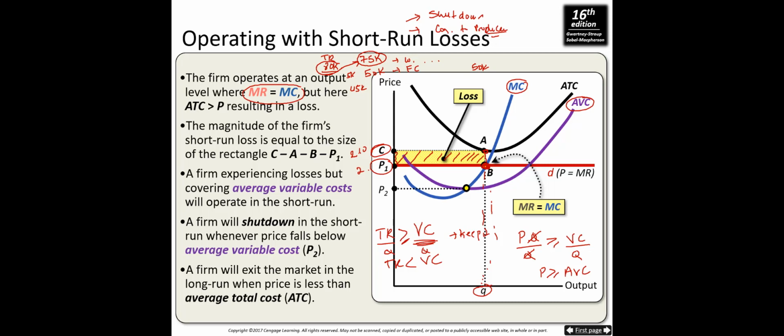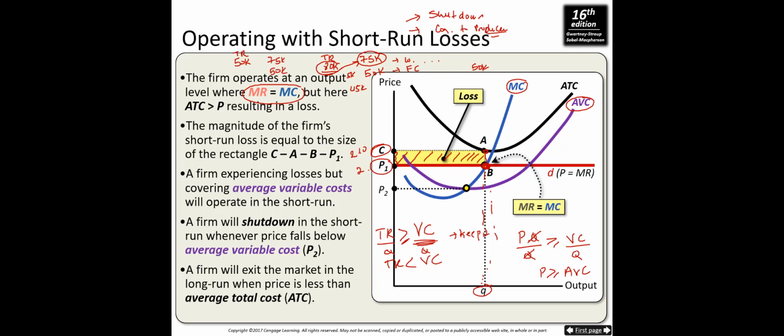So the idea here is very simple. As long as you earn enough to cover your operating costs, which is variable costs, you should keep the business open. Otherwise, shut it down. Instead of earning 80K, let's say you earn 50K, with the same costs, 75K and 50K.